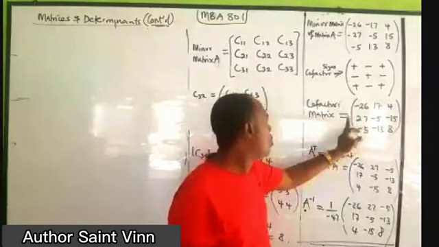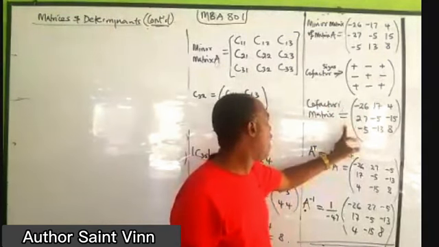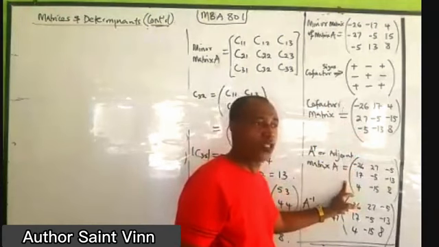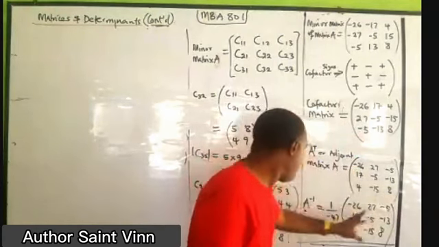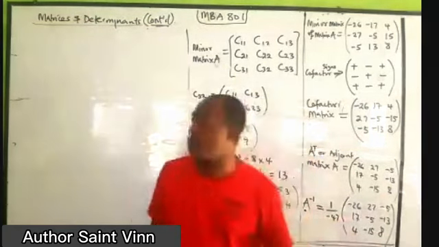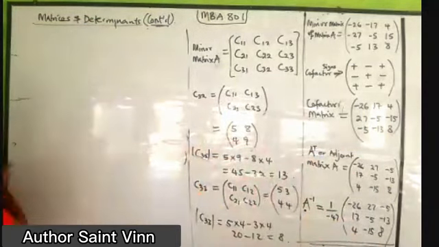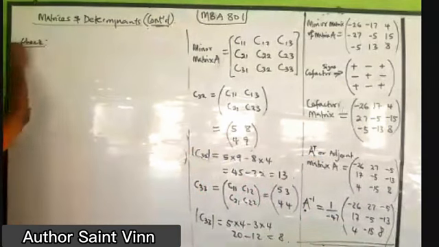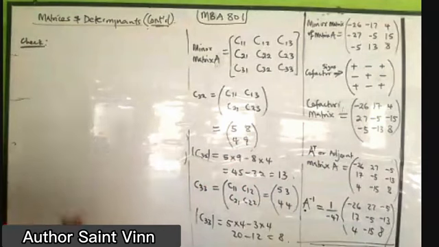And we took the transposition of the cofactor matrix and we got A transpose, or the adjoint matrix. With that adjoint matrix we take the inverse of the determinant and multiply. But let's check whether it's right or wrong before we entertain any question.